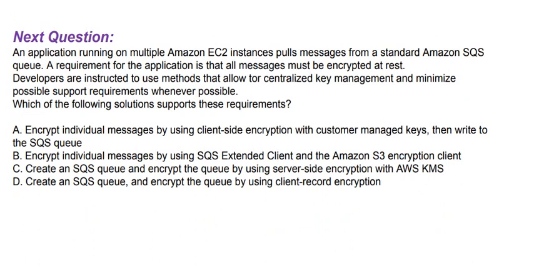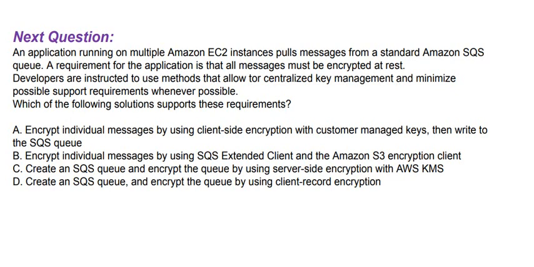Option A. Encrypt individual messages by using client-side encryption with customer-managed keys, then write to the SQS queue. Option B. Encrypt individual messages by using SQS Extended Client and the Amazon S3 encryption client.